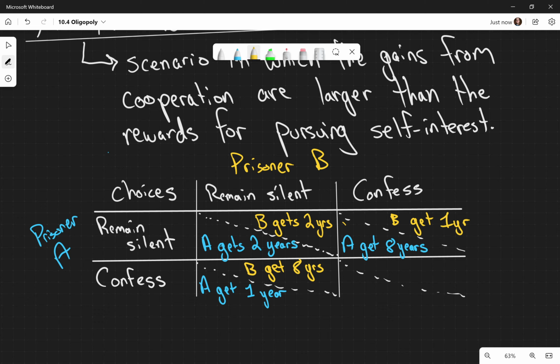Let's try to make this a B instead of an 8. And now the last thing, the last box in our foursquare that we have to figure out here, right, is, well, what happens if they both confess? Well, if they both confess, person B is going to get 5 years.